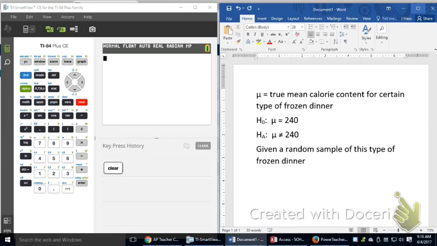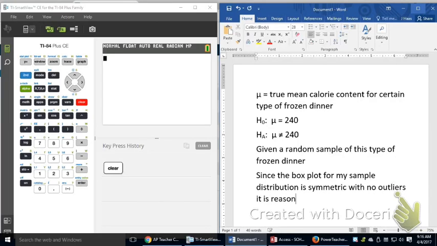So I'm going to say that since the box plot for my sample distribution is symmetric with no outliers, it is reasonable to assume that this data came from a normally distributed population.